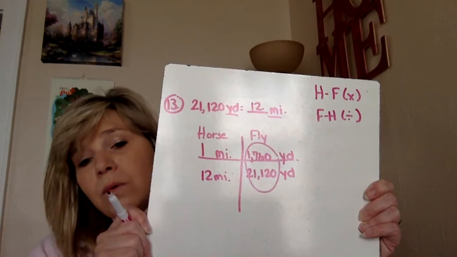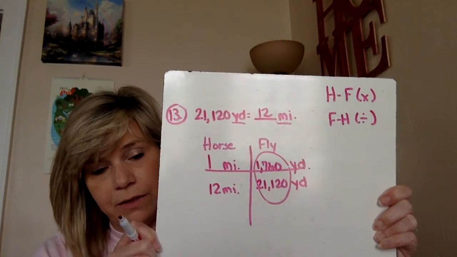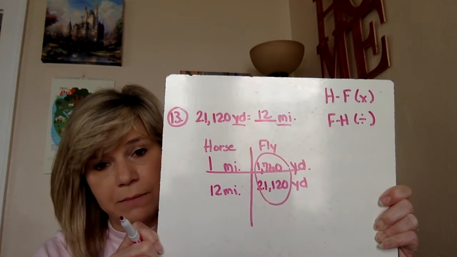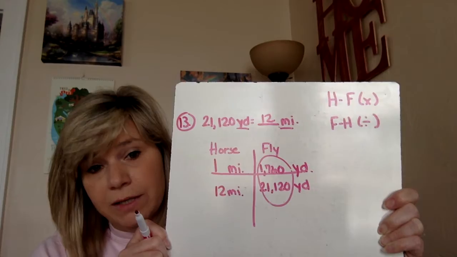So 21,120 divided by 1,760 is 12 miles. So I'm going to put that up here, and you'll see what I've done. 21,120 yards is the same as saying 12 miles. Those are equivalent measurements. Remember that equal sign means we're making them equivalent. Makes sense too, doesn't it? It'll take more yards to make up the miles.